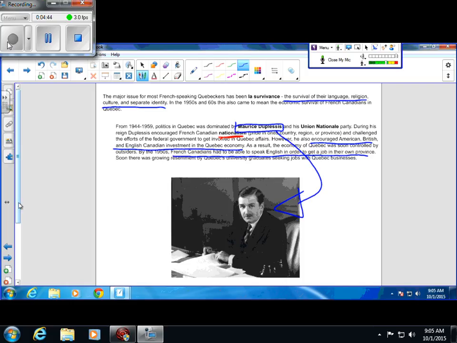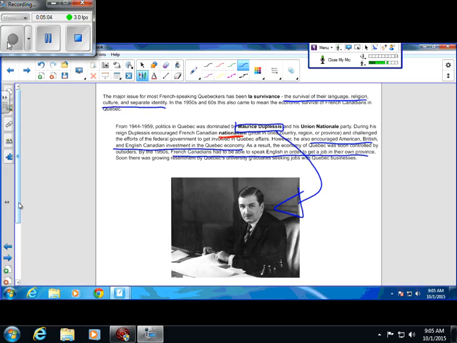Then we talked about an individual named Maurice Duplessis. He was a French Quebec premier of the Union Nationale Party during this time period, just before the 60s. He really pushed for nationalism.